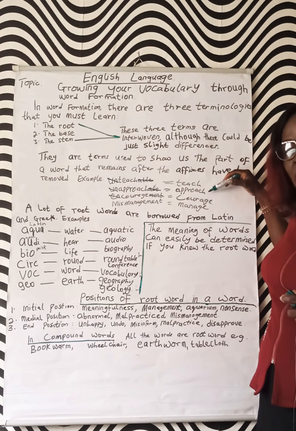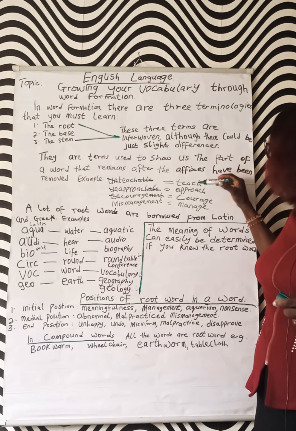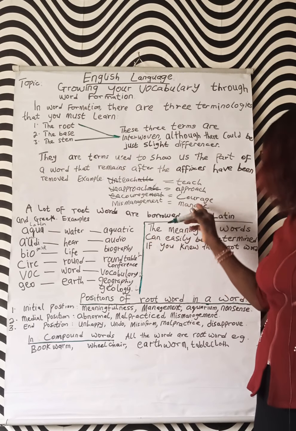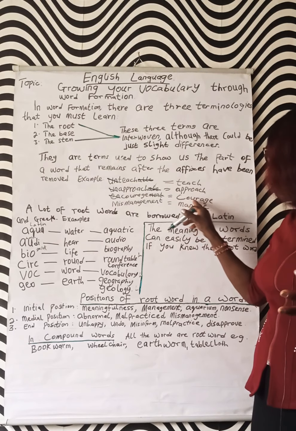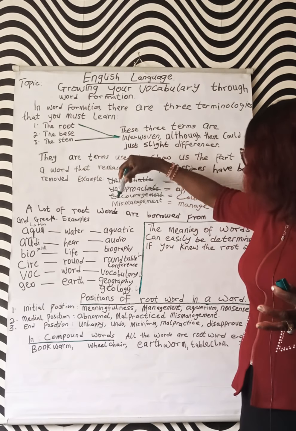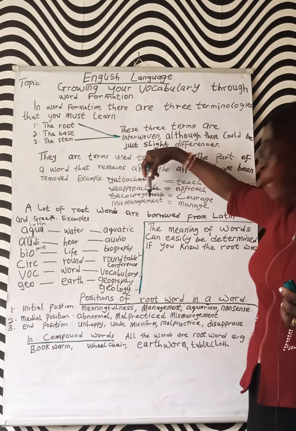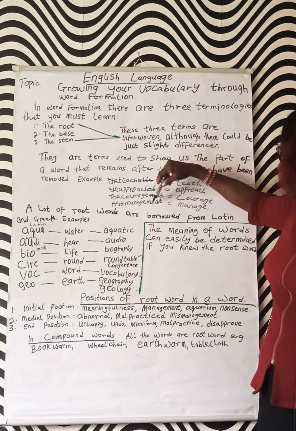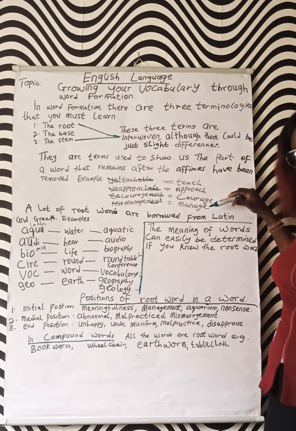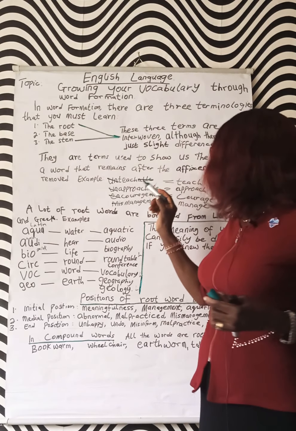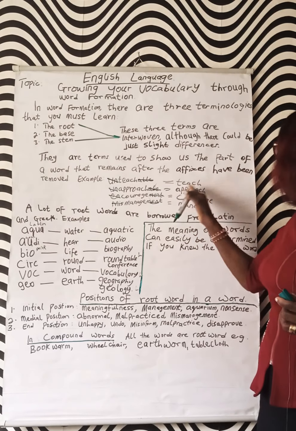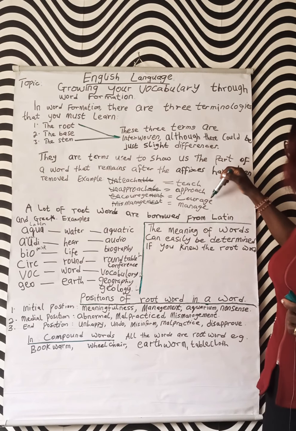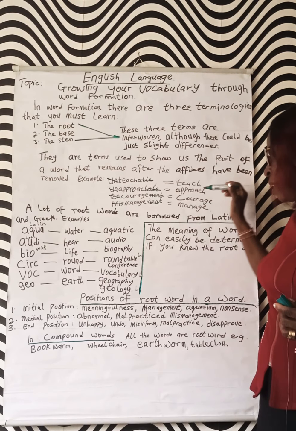That's the root word, courage. You can't divide it, you can't remove any segment again. Then we have mismanagement. When you remove mis, you remove ment, what you have is manage. So this is just example of the root word. The root words we have here are teach, approach, courage, manage.